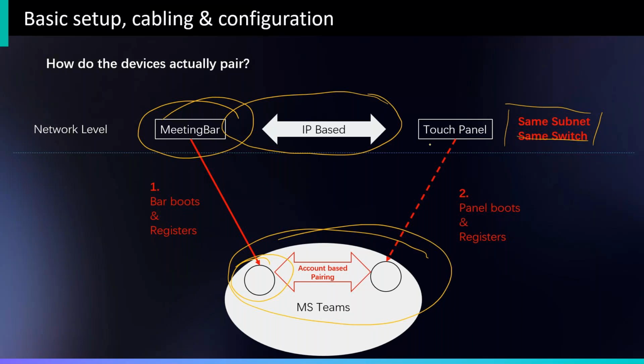So when the touch panel joins Teams, it is actually looking, do I have a pairing device that is there? If I go first with the touch panel, it will tell me, no device can be found because the bar is not registered yet. So go first with the bar and then go with the touch panel. Once the bar is registered, the touch panel will find the bar and then literally will register.